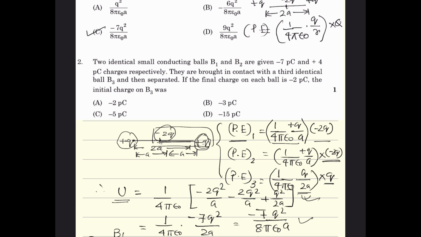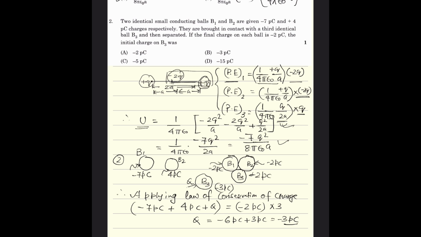Second question. Two identical small conducting balls B1 and B2 are given minus 7 picocoulomb and plus 4 picocoulomb charges respectively. So this is B1, this is B2.